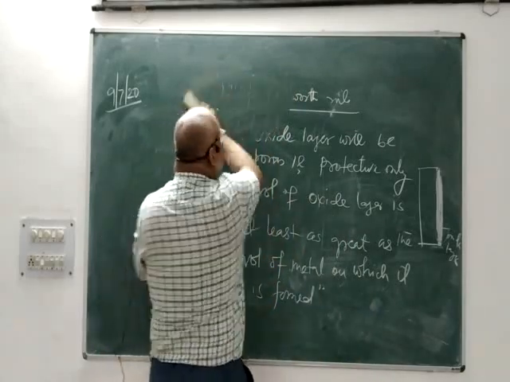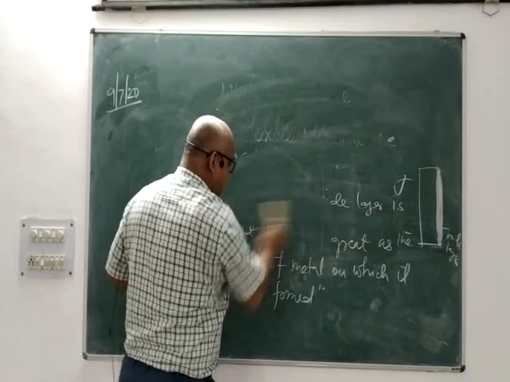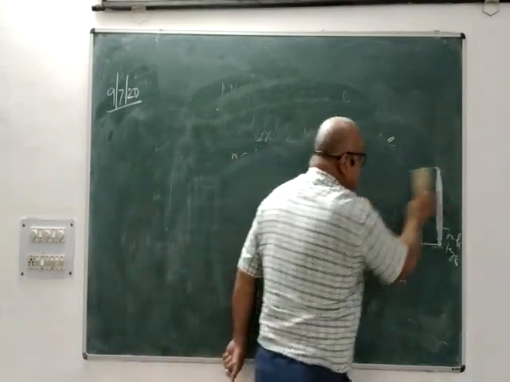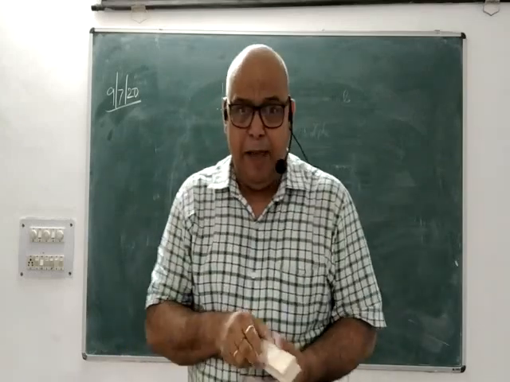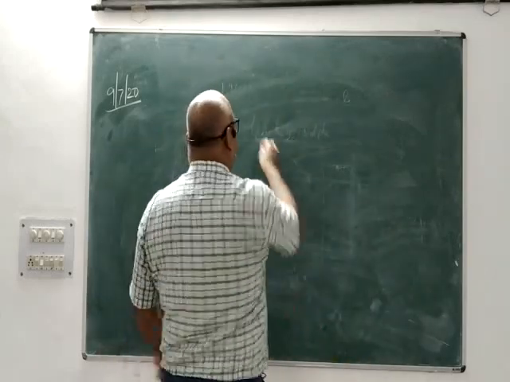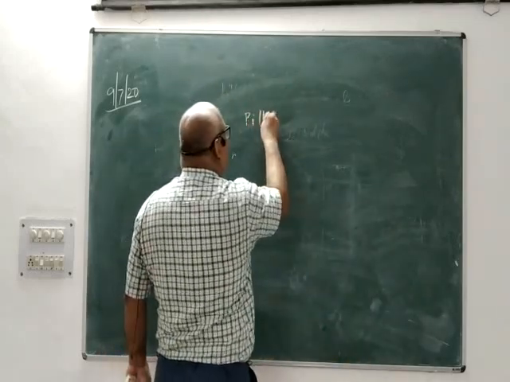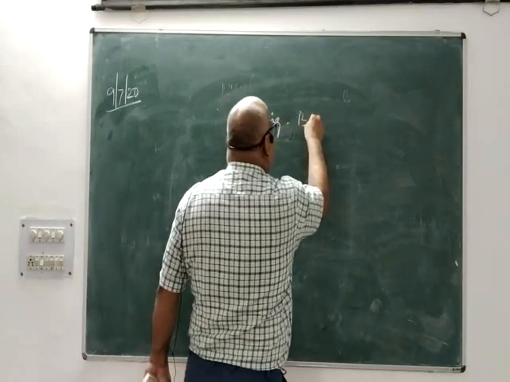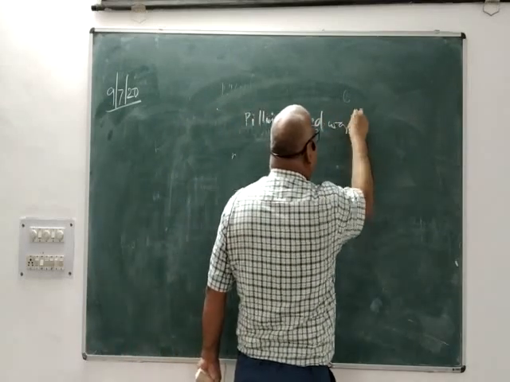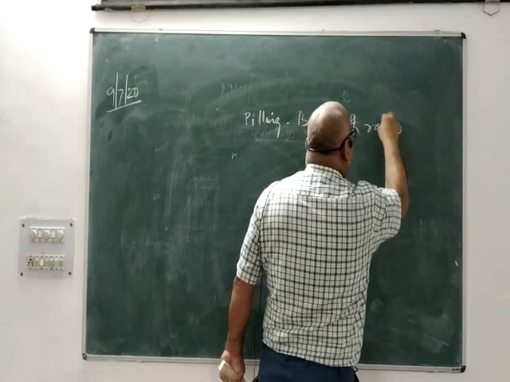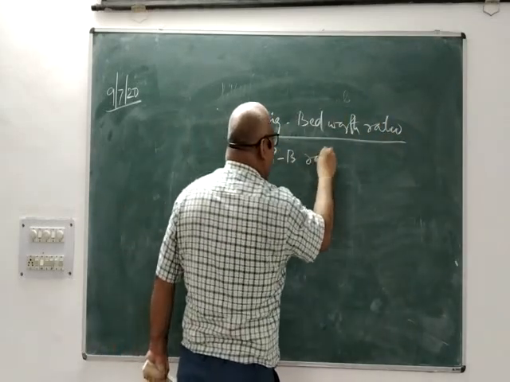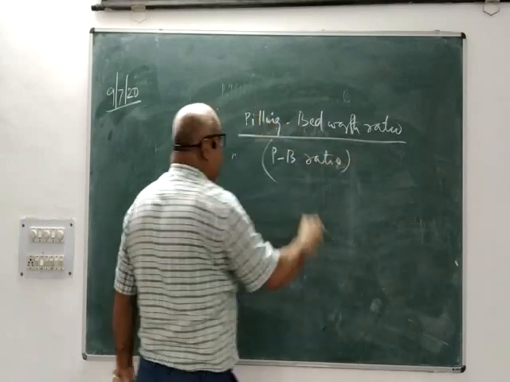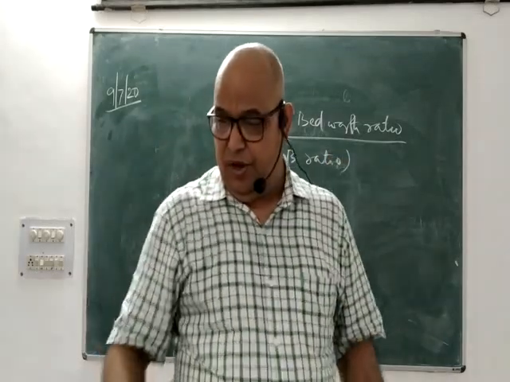Now one more thing I would like to tell today in this context, that is the Pilling-Bedworth rule, Pilling-Bedworth ratio. Sometimes you may find it as PB ratio. It is actually the Pilling-Bedworth ratio.